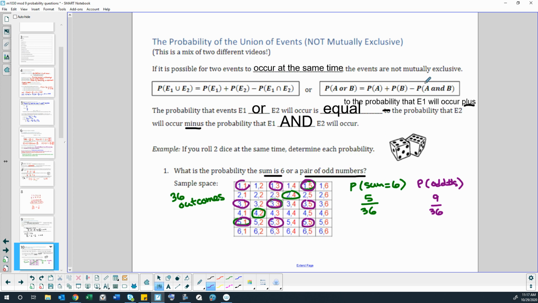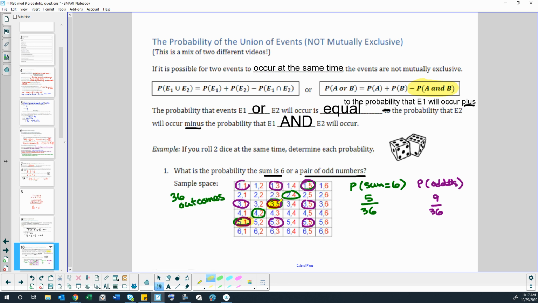So now here's where this part of our formula comes in. Highlight this. We now have to subtract out the overlap. What do we mean by that? Well, did you notice that I circled some of the numbers in our sample space twice, once in green and once in purple? I should have left my highlighter here.